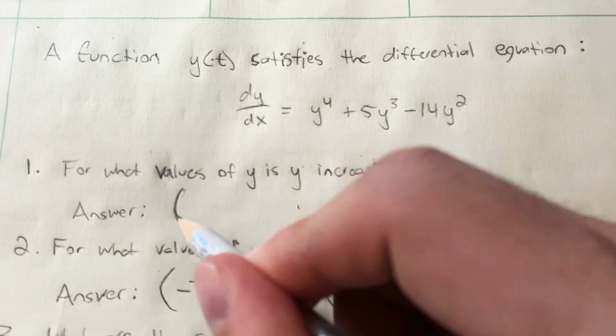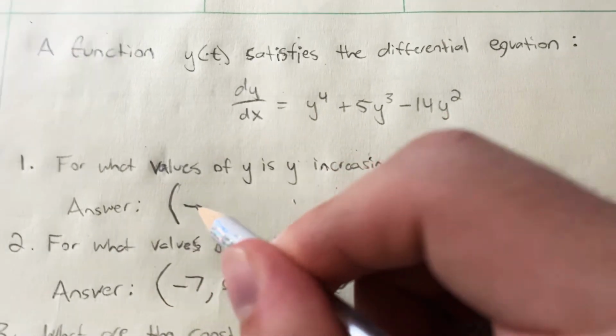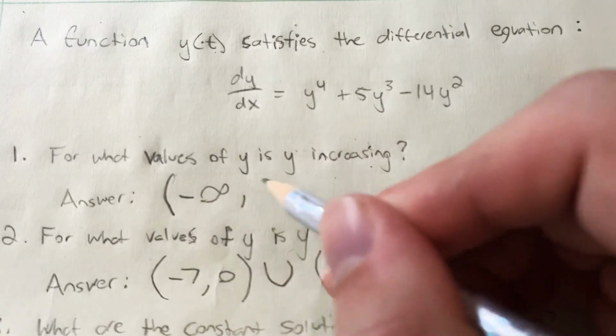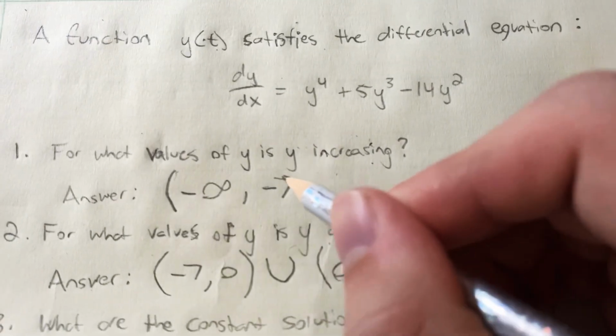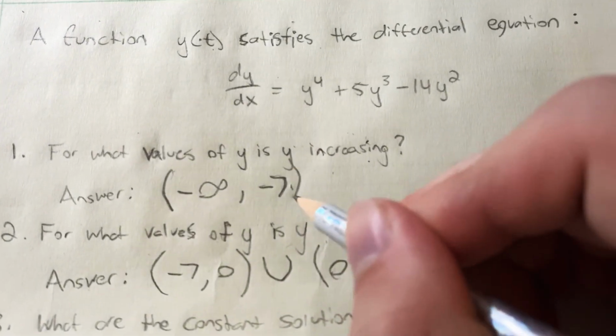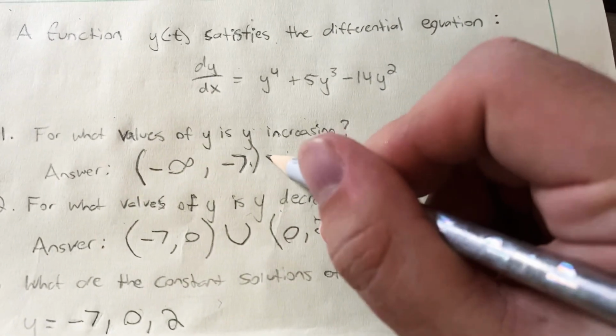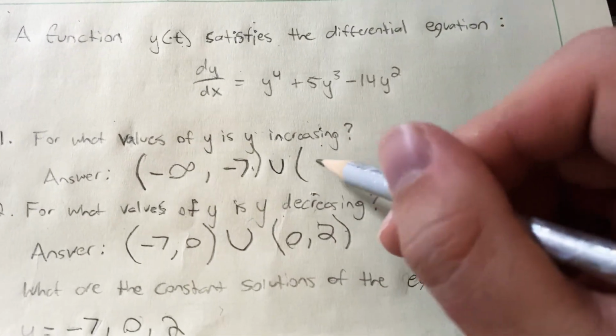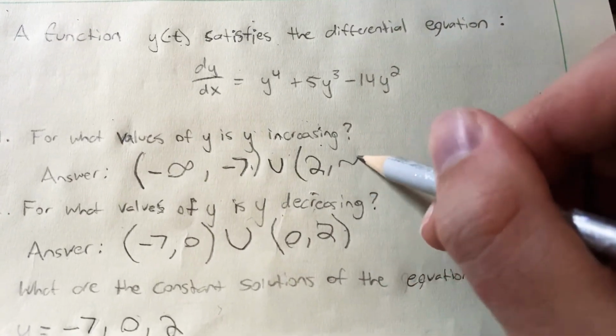So we're going to have from negative infinity to negative 7, and union 2 to infinity. And those are our solutions for this problem.